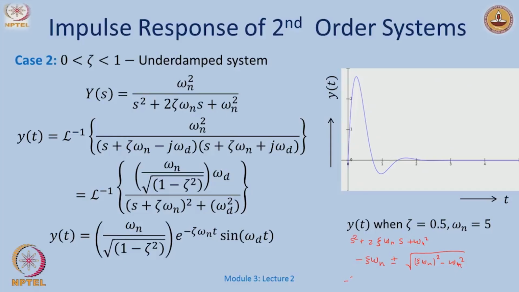This is minus zeta omega n plus or minus omega n times the square root of zeta squared minus 1.